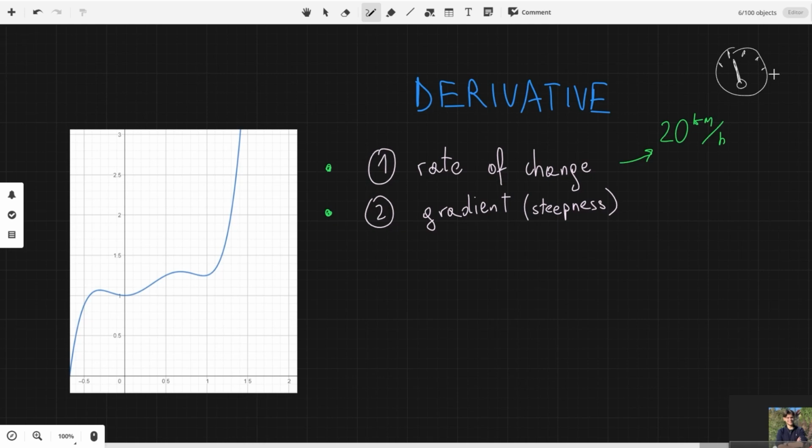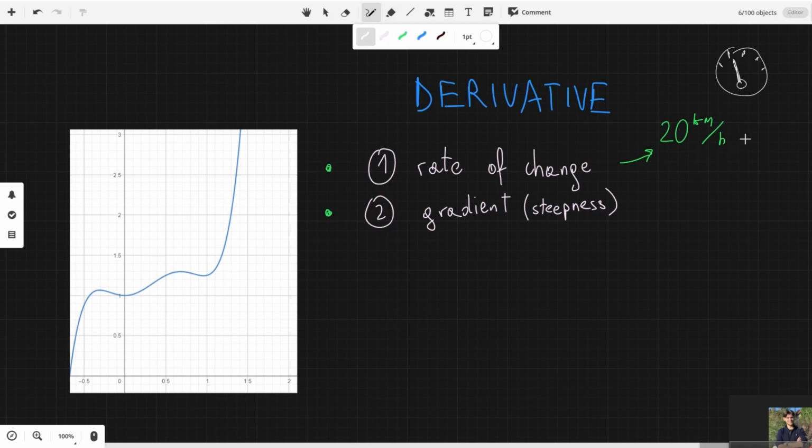But you might be accelerating, you might be decelerating, who knows? You might be trying to keep a constant speed, but it never is constant when you're driving a car or riding a bike, right? But at that given moment that you looked at your speedometer, it said 20 kilometers per hour. So this was the rate of change of the distance you traveled per unit time, right?